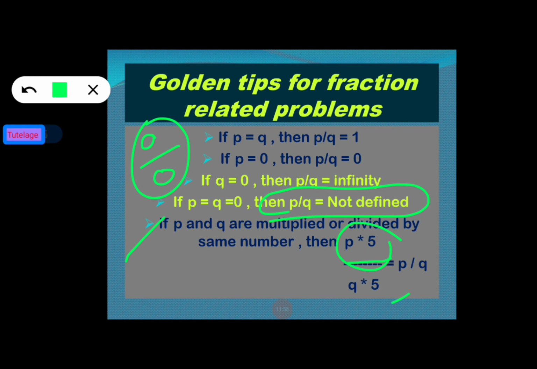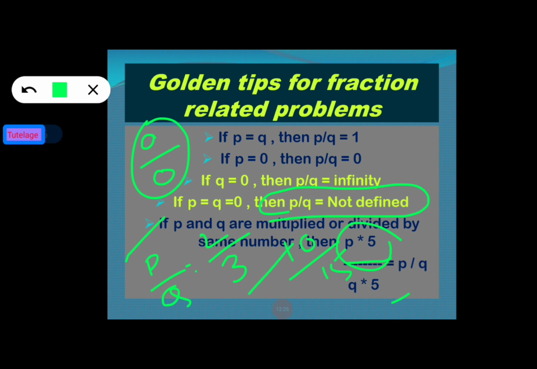For example, p by q is 2 by 3. Both numerator and denominator are multiplied by 5. So 2 into 5 is 10, and 3 into 5 is 15. Okay. So 10 by 15, that means 2 by 3 also.